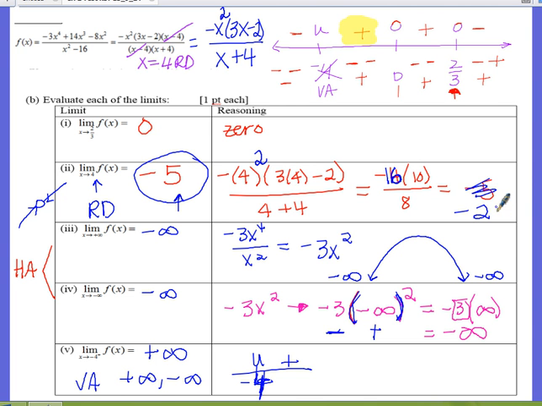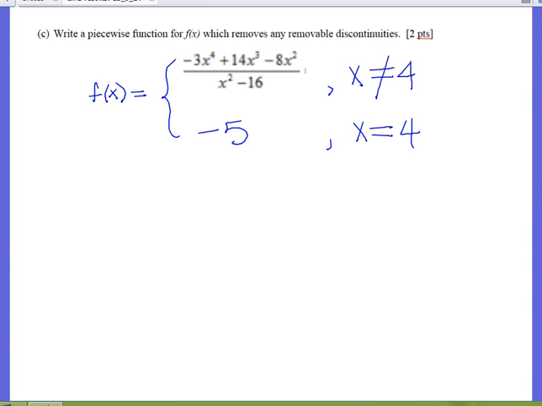And I'm guessing some of you are looking at your test saying, but that's not what I had, because it wasn't negative 5, it was negative 20. So, oops on my behalf. Let me go over and make sure that I change it here too. So it was actually negative 20.